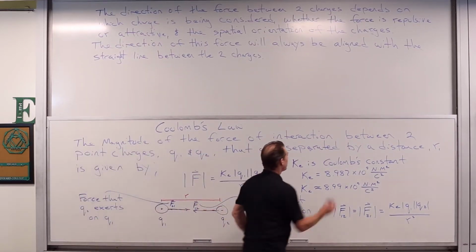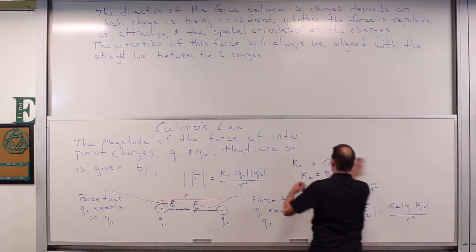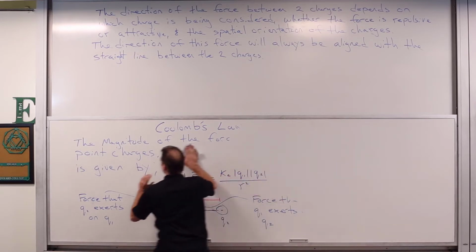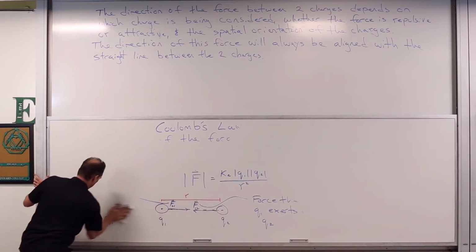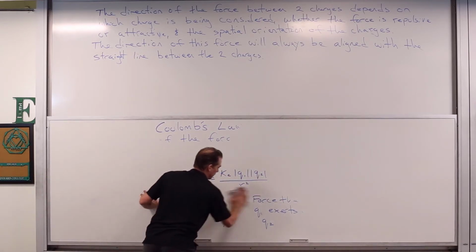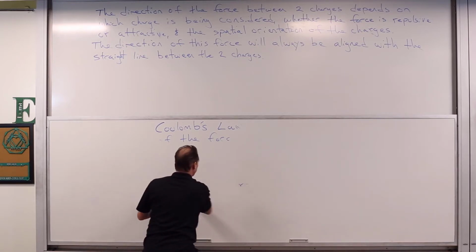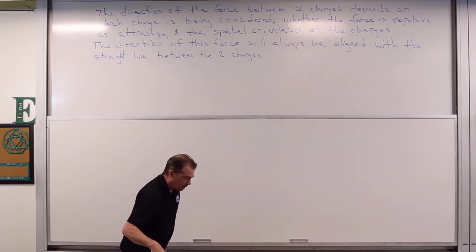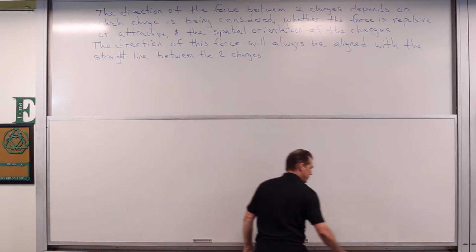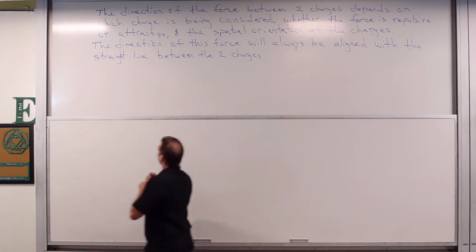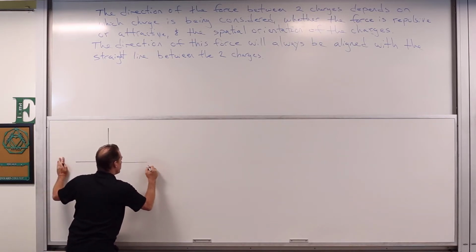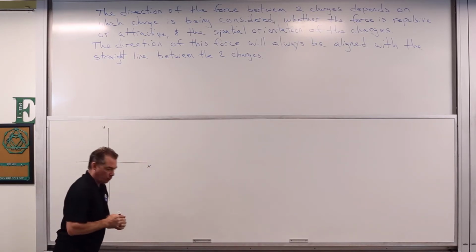So let's look at a couple little cases here. We'll do a couple problems. So let's drop a little coordinate system so we have some way of gauging some things. Let's do 2 dimensions, x, y.